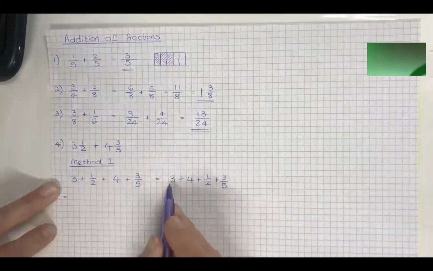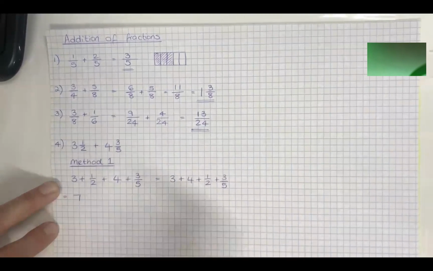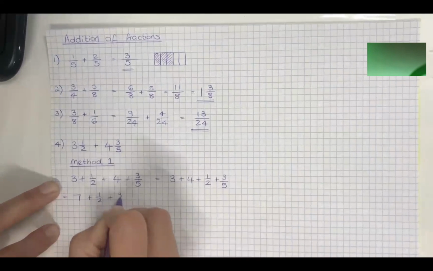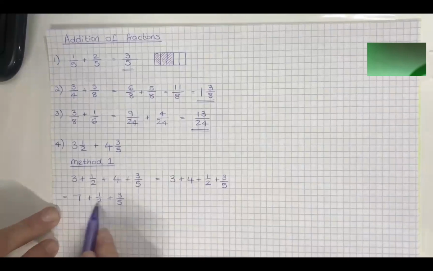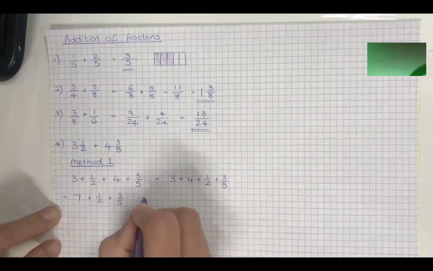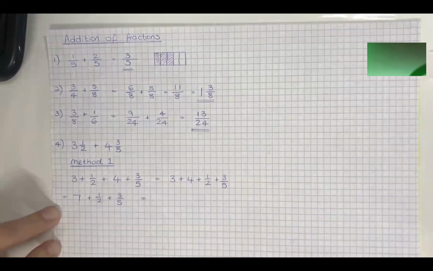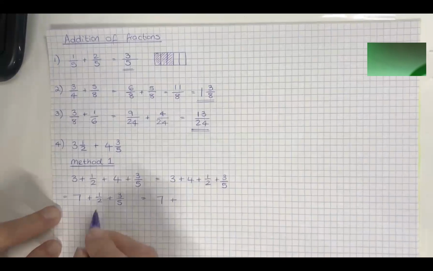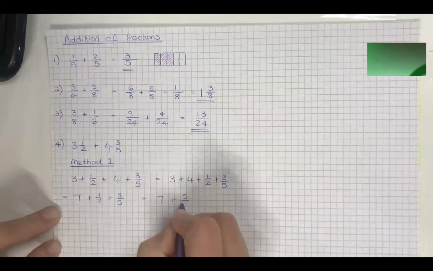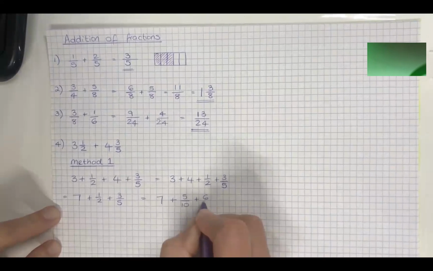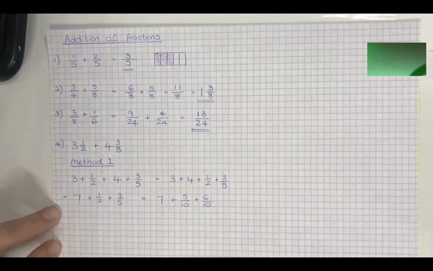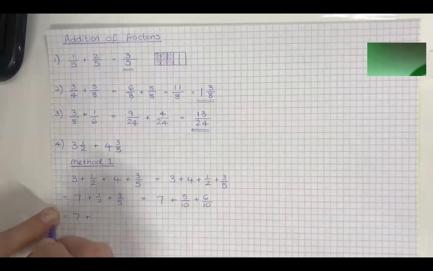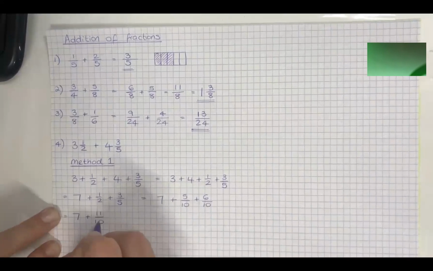Okay, I know that 3 plus 4 gives me 7. And now I've got 1/2 plus 3/5. I need to find a common denominator. In this case, my common denominator is 10. So I've got 7 plus 5/10 plus 6/10. That is now going to give me 7 plus 11/10.